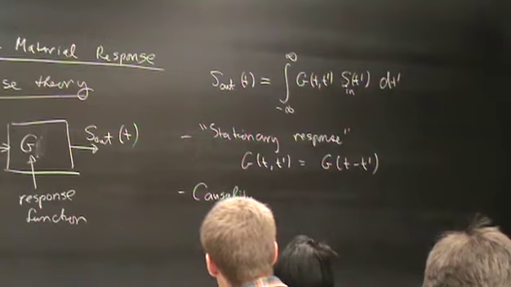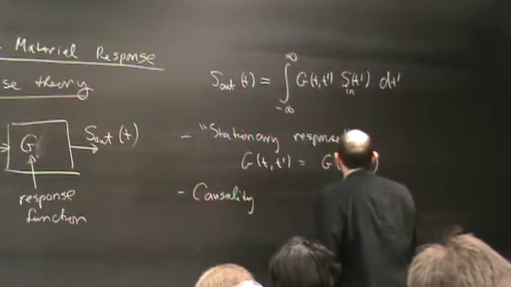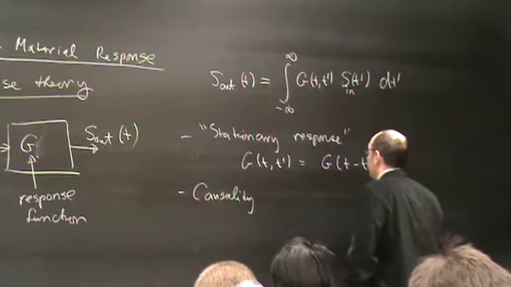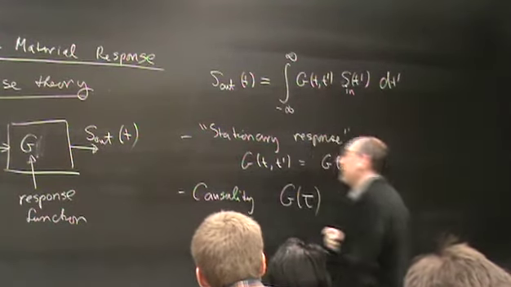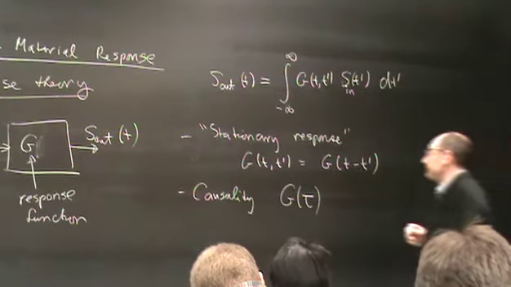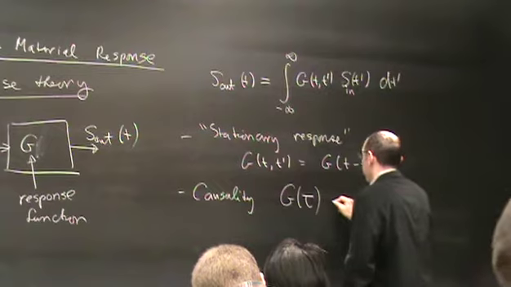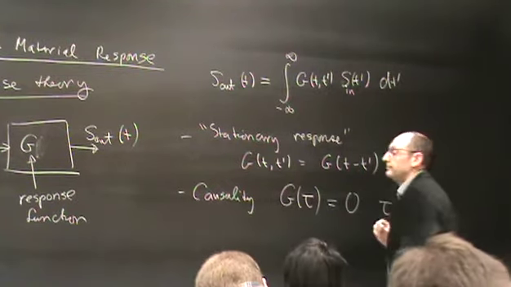It only depends on what it was doing in the past of t, which means that when thought of as a function of tau, this is equal to 0 if tau is negative.